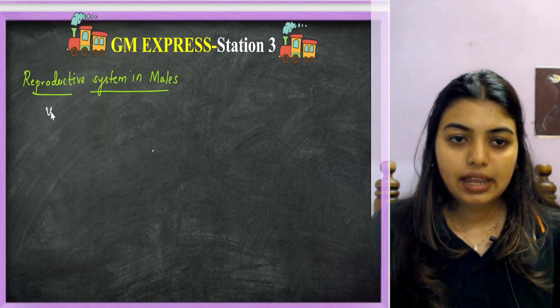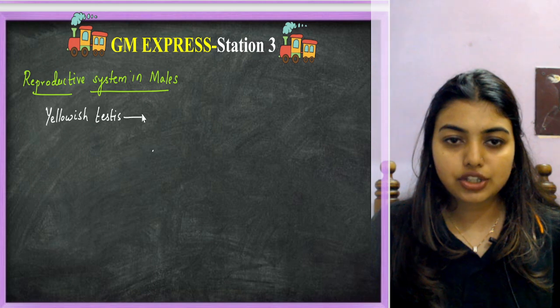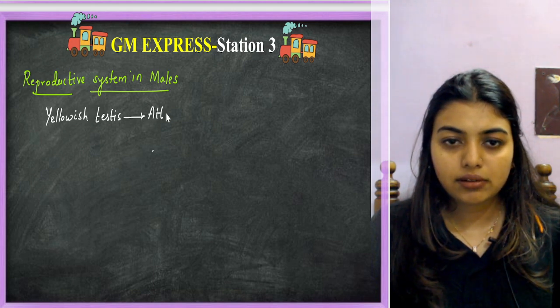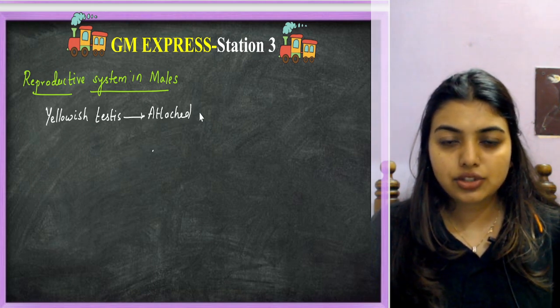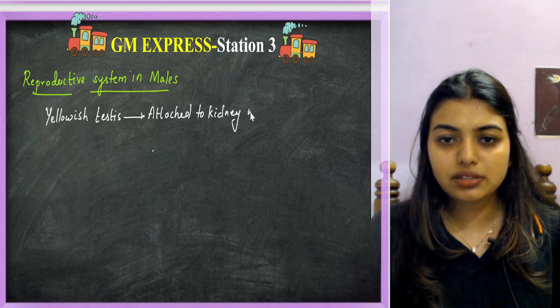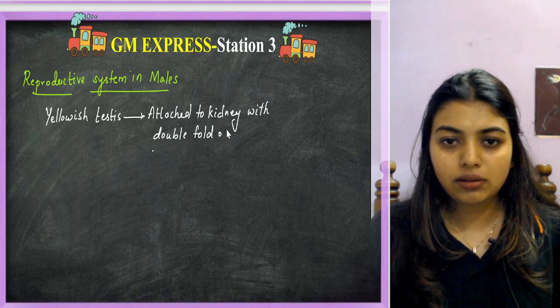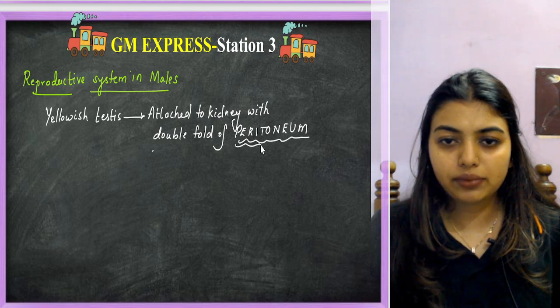We have yellowish colored testis, which is attached to the kidney with what, students? With a double fold of peritoneum.